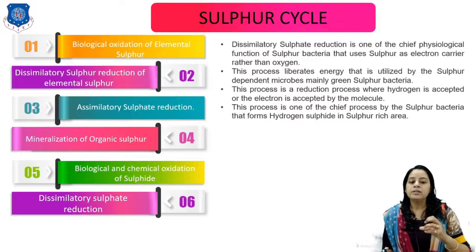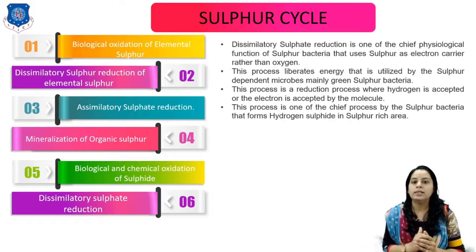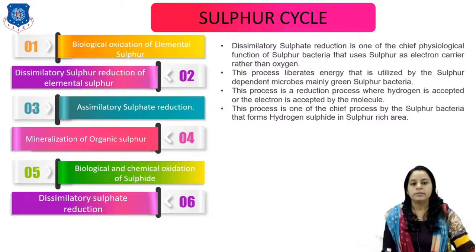It is a reduction process where the hydrogen atom or the electron is accepted by the molecules, right? This process is one of the chief processes by sulfur bacteria that forms hydrogen sulfide in sulfur rich areas.